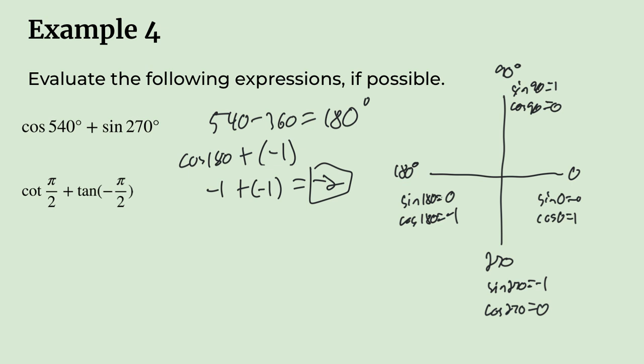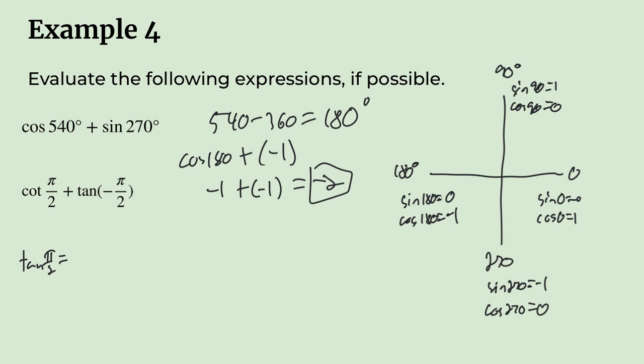Then for our next one, pi over 2 is going to be 90 degrees. So cotangent of pi over 2. Well, first let's talk about tangent of pi over 2. That's sine over cosine.